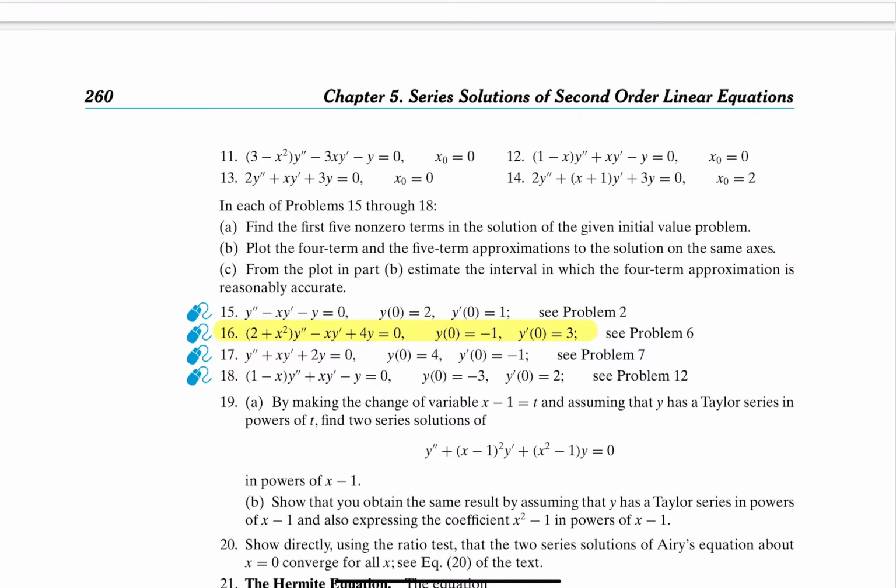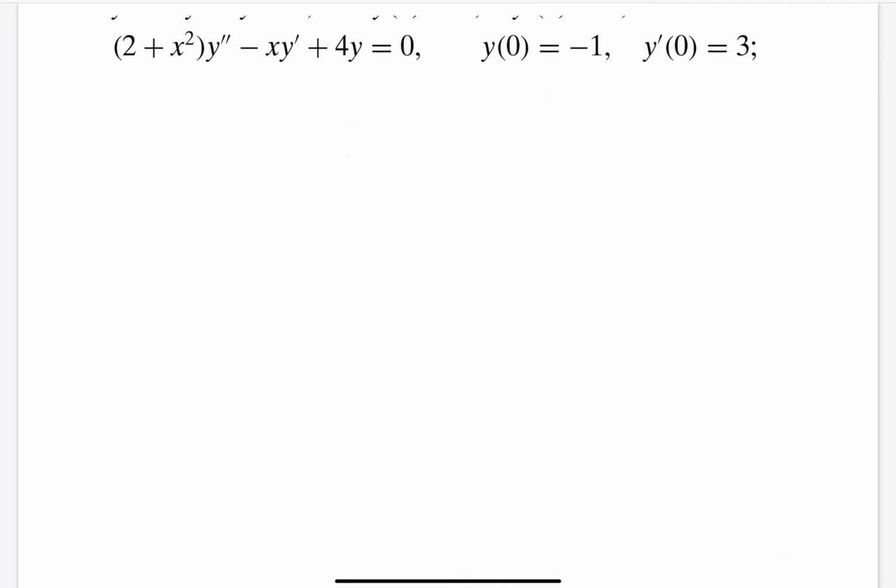So here you can tell the initial value is just x equal to 0 because of this one here. Let me change the color so you can see. That's the initial value. Okay, let's go back.